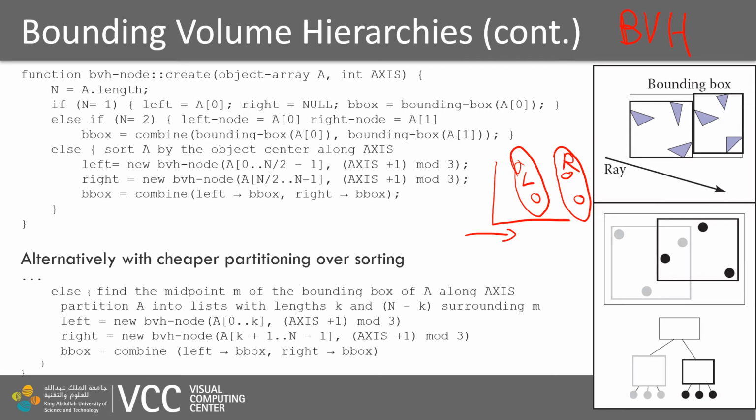Well, we might still change the direction in the second pass if we want to create more volume hierarchies and now try to organize the split along the vertical axis.